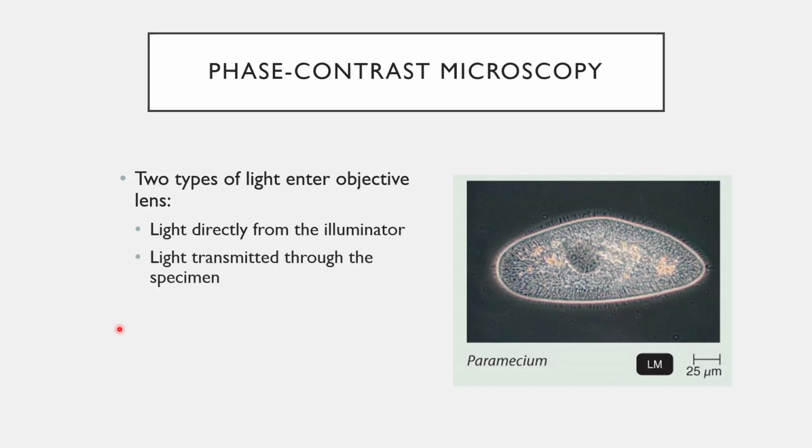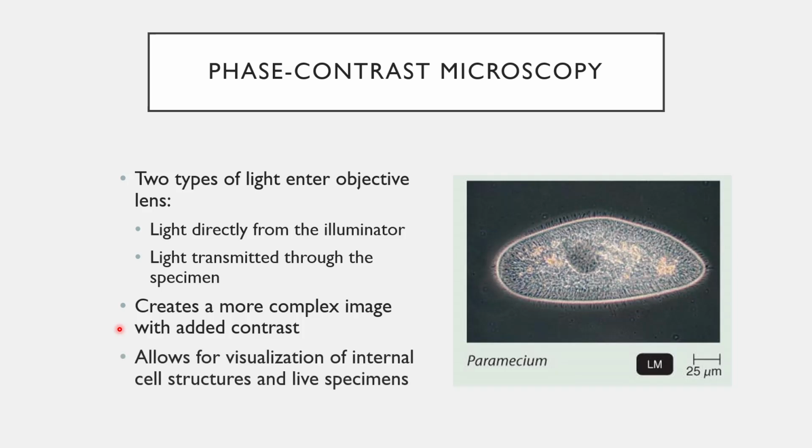Because there are two types of light, this creates a more complex image which adds contrast that allows you to visualize internal cell structures. And it also allows you to visualize live specimens and their structures as they are in motion. For example, when you're viewing a specimen in phase contrast microscopy, you do not need to stain it with any artificial dyes in order to visualize it.